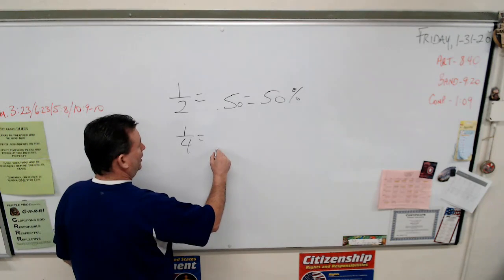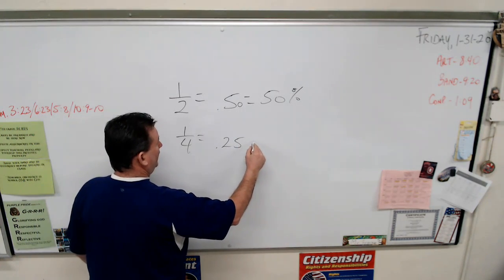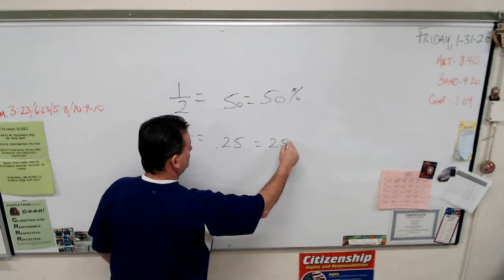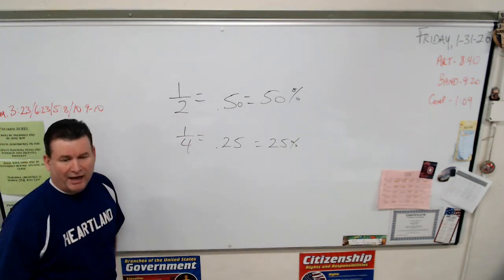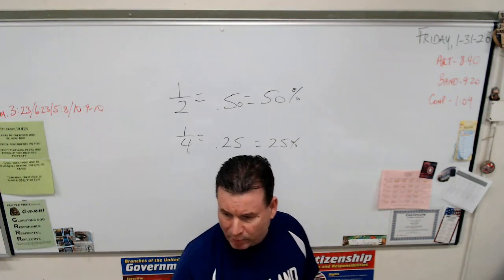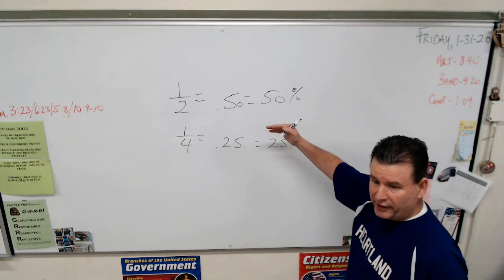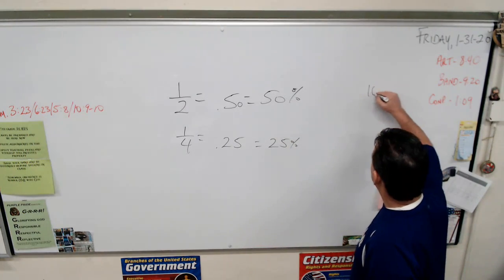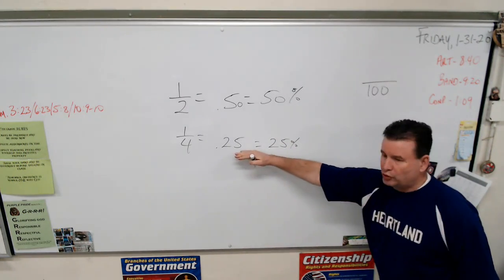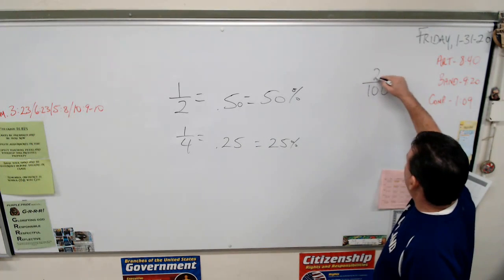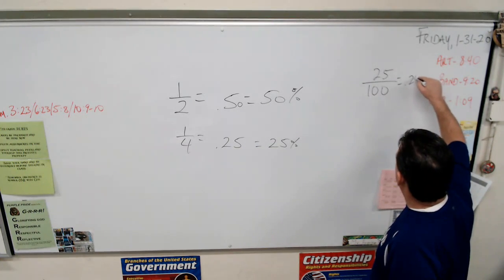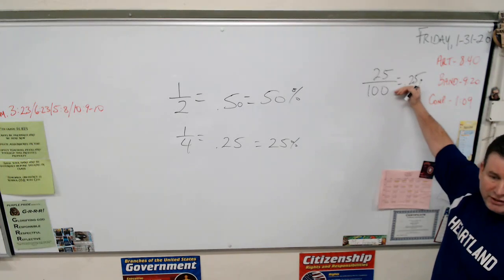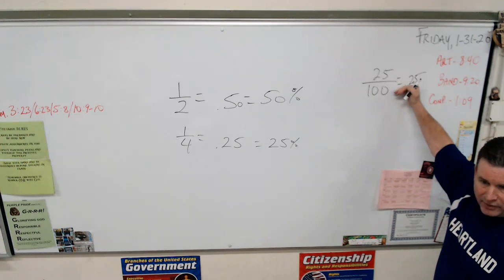So you knew that was 0.25 or 25%. And now you're really acquainted with the word percent, meaning per hundred. So percent is hundredths. 25 hundredths is 0.25 because 2 digits after the decimal is hundredths, right?